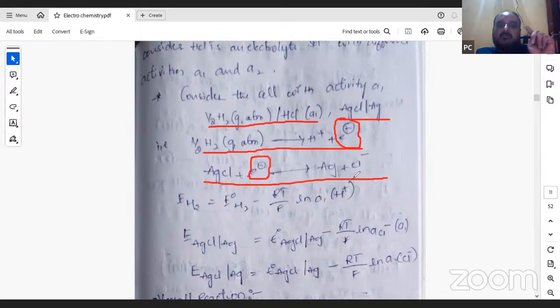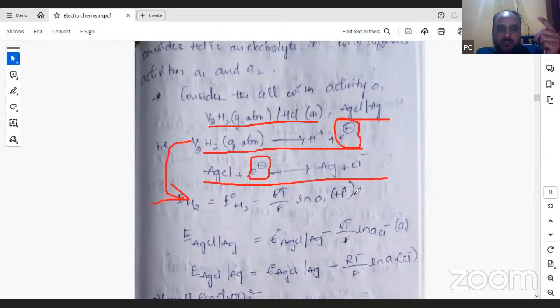If we apply the Nernst equation to the individual electrodes, for the hydrogen electrode we get E of H2 is equal to E naught of H2 minus RT by F ln activity of H plus.